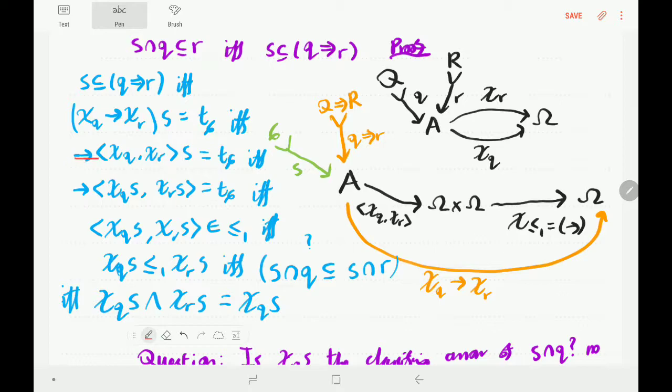We can take this material conditional arrow out to the left and put this S inside the brackets.